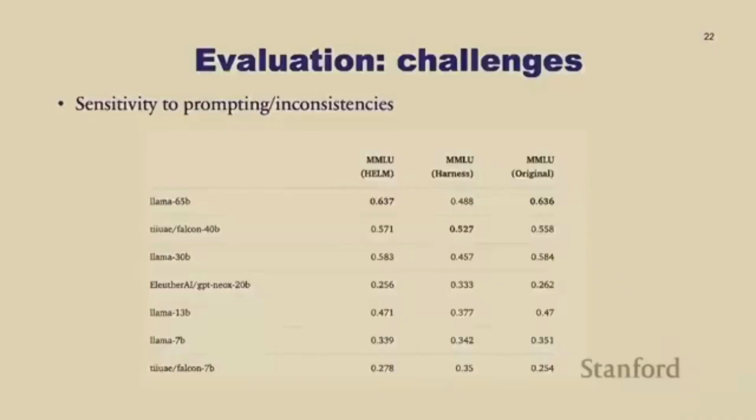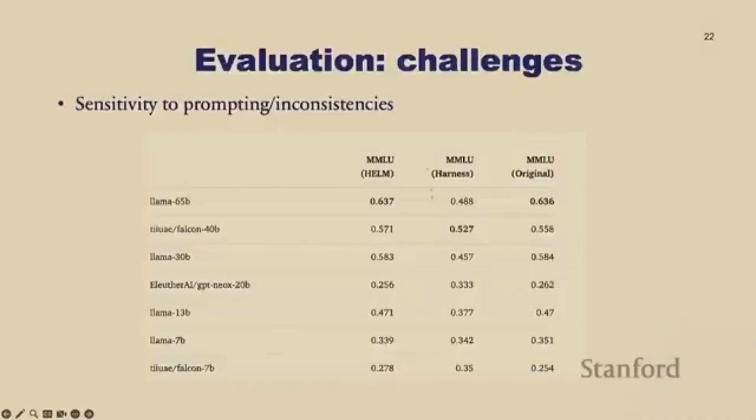Okay, so evaluation challenges, there are many. I'll just talk about 2 really briefly. One, as I told you, there are 2 ways of doing evaluation for these MMLUs. Actually, there are many more than 2, but I gave you 2 examples. It happens that for a long time, even though that was a very classical benchmark that everyone used, different companies and different organizations were actually using different ways of evaluating MMLU, and as a result, you get completely different results.